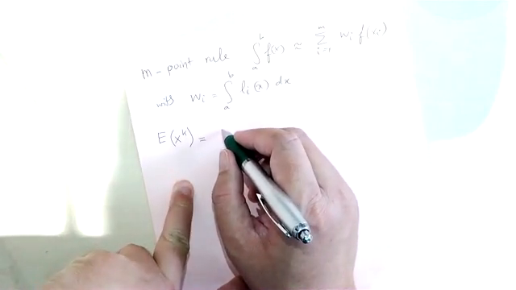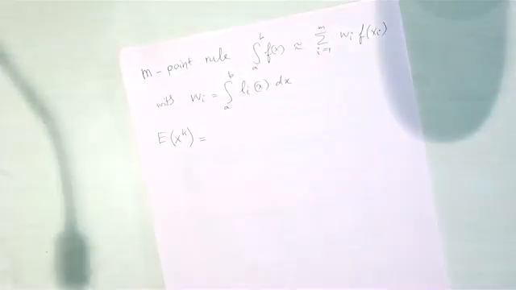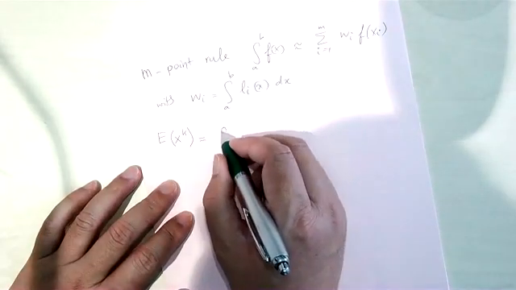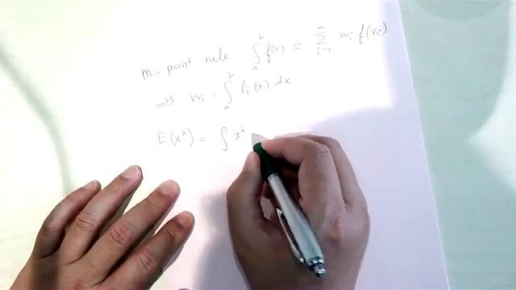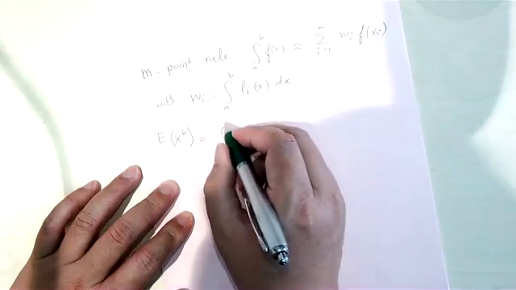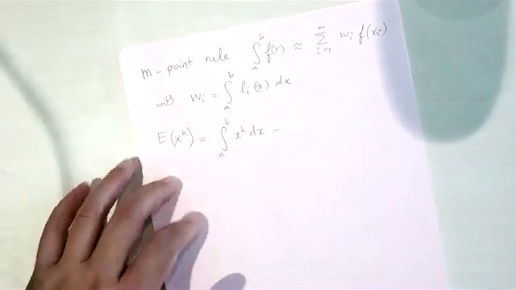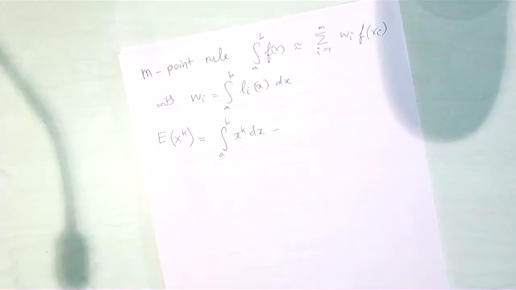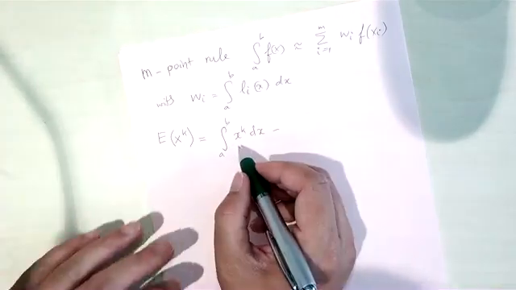the integral of, so remember the error is defined to be the integral of the exact function, okay, minus the quadrature. So this is the exact function, yeah?